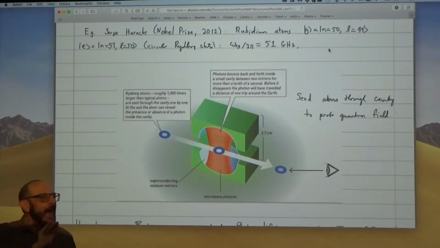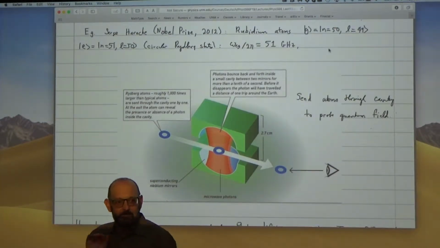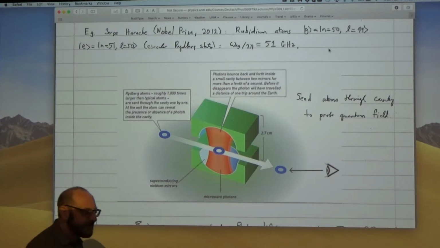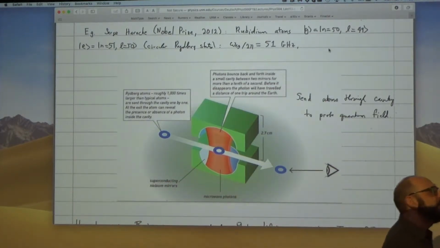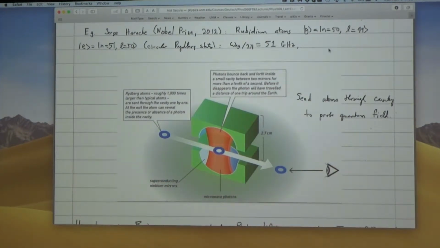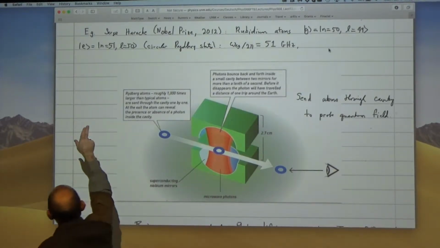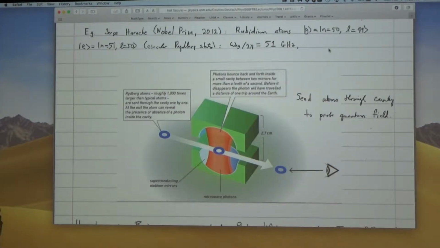This is the magnitude of the angular momentum. It's a positive number. L goes from 0 to n minus 1. Good. Refresher. So the states with the maximum L are like the analogs of circular orbits when you think about a given energy, right? So if n equals 51, that's going to Rydberg, and L is 50, that's a circular Rydberg state.